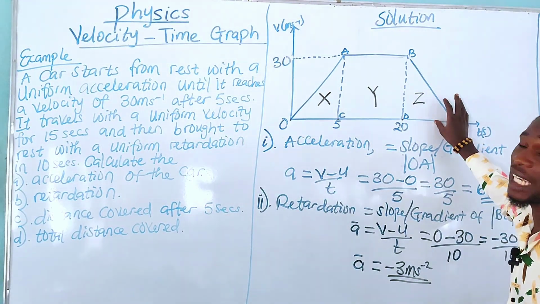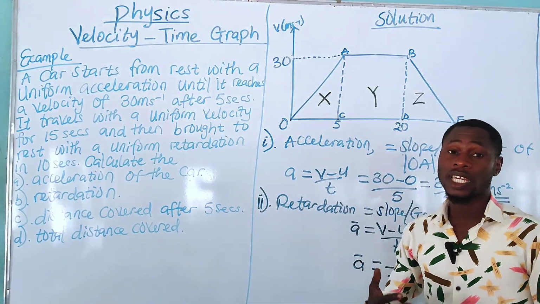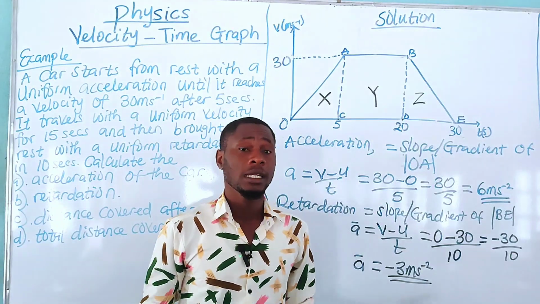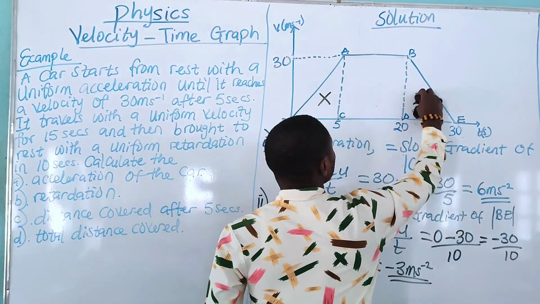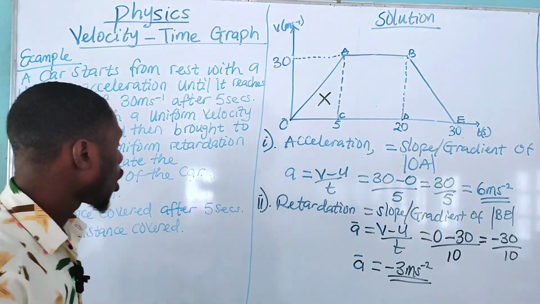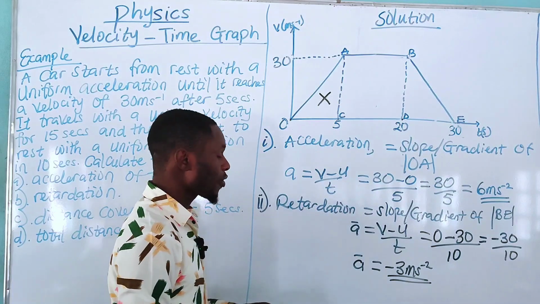That will give us the total distance covered by the body. But for now, we are only interested in finding the distance covered after just 5 seconds, which is also a triangle.